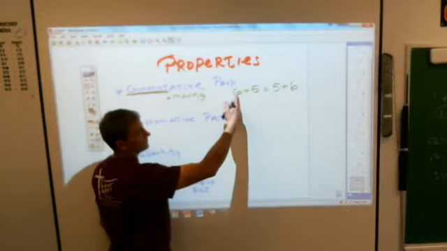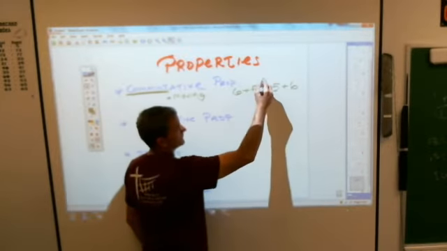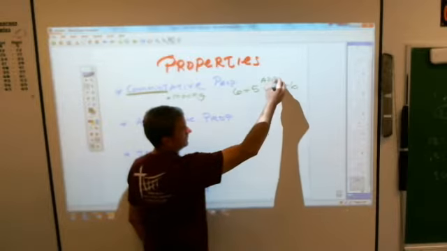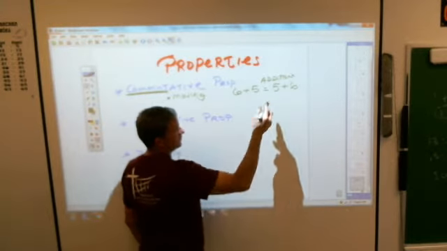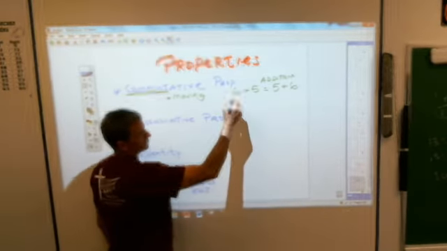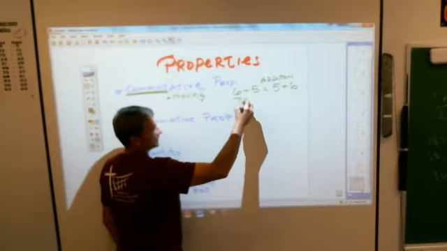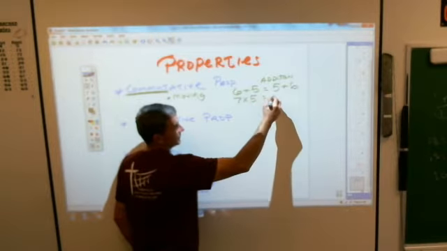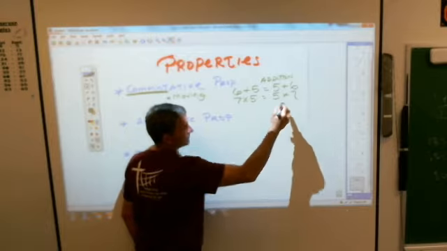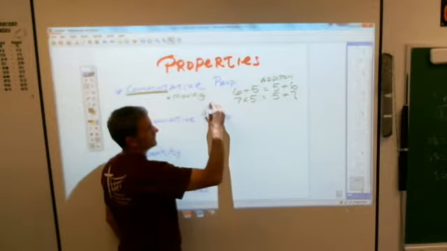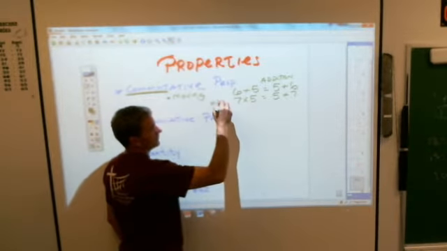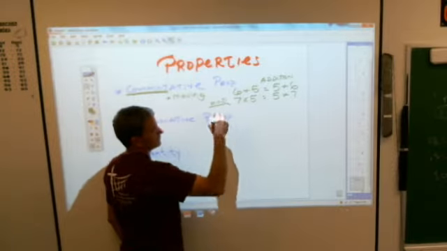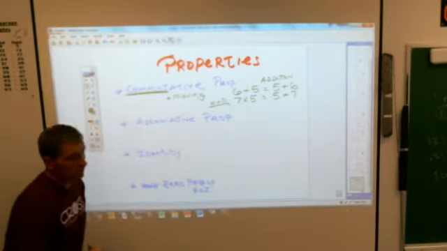This is the commutative property of addition. And the commutative property also works for multiplication. 7 times 5 is the same thing as 5 times 7. That is multiplication. 35 equals 35.